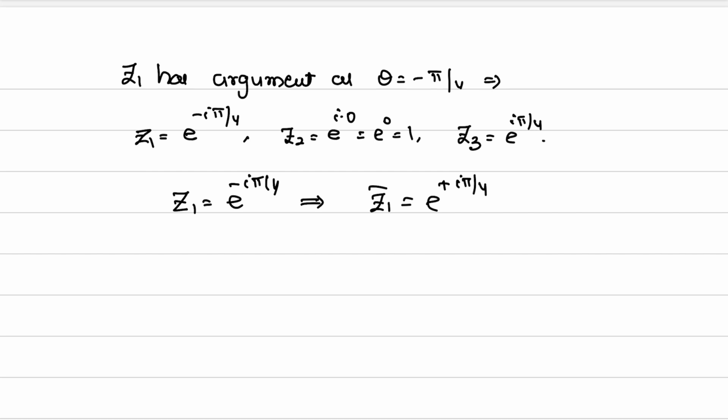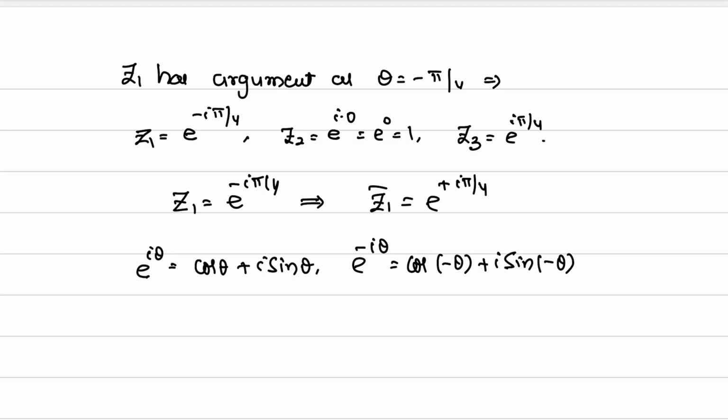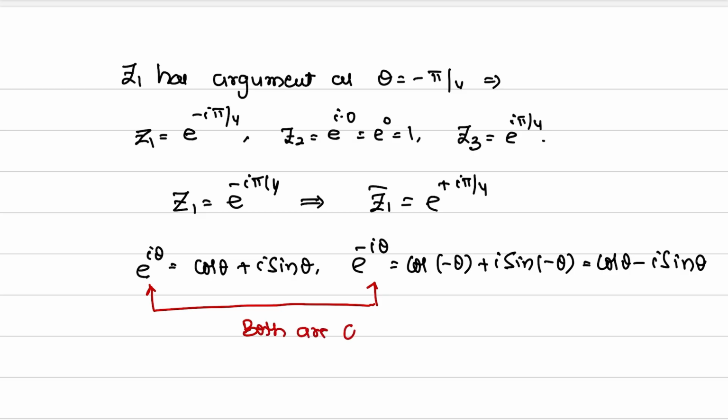Please try to understand this. This is because e to the power of I theta is equal to cos theta plus I sin theta, whereas e to the power of minus I theta is equal to cos of minus theta plus I into sin of minus theta, that is equal to cos theta minus I sin theta. That means e to the power of I theta and e to the power of minus I theta are conjugates of each other.